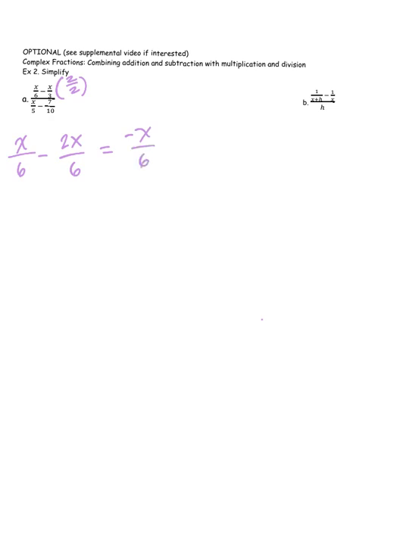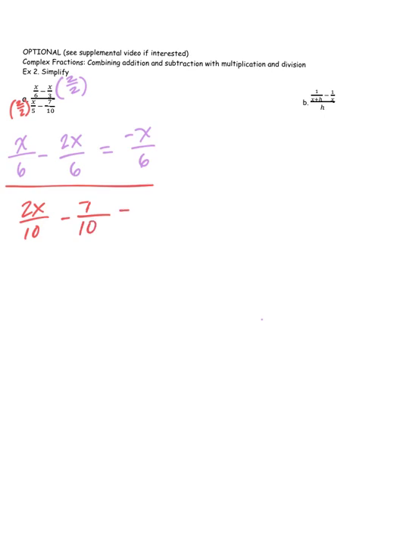And then that's being divided by x over 5 minus 7 over 10. Again, we're trying to find that common denominator. Lucky for us, that common denominator is just 10. So that means we're just going to have to multiply this left-hand fraction by 2 over 2. And that's going to be giving us 2x over 10 minus 7 over 10.